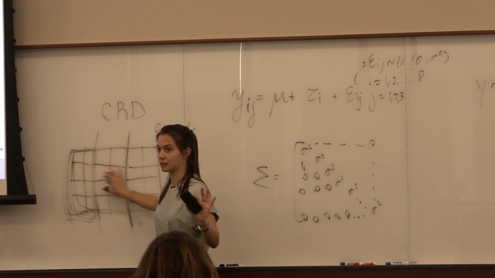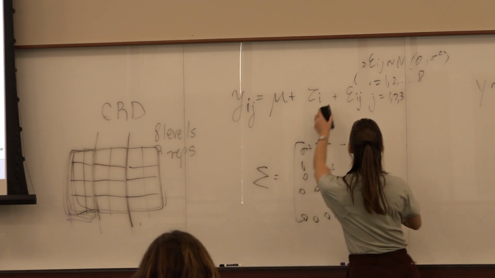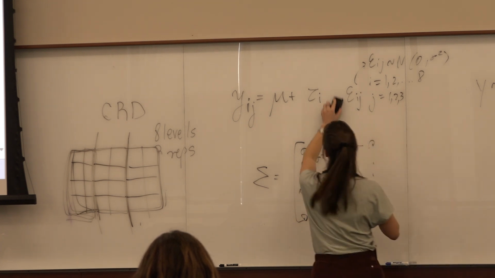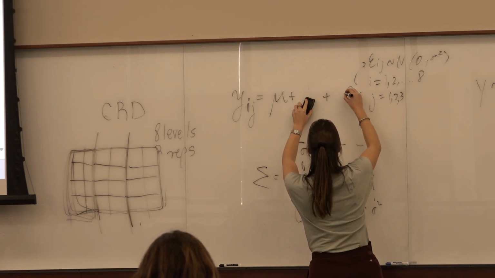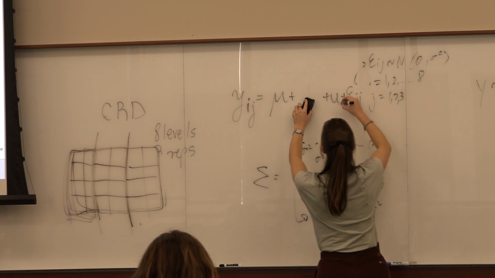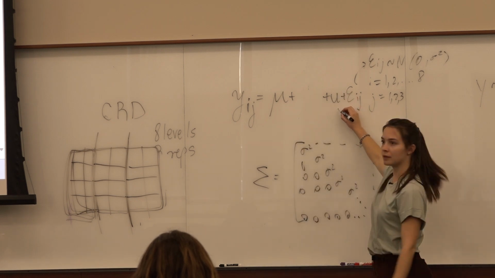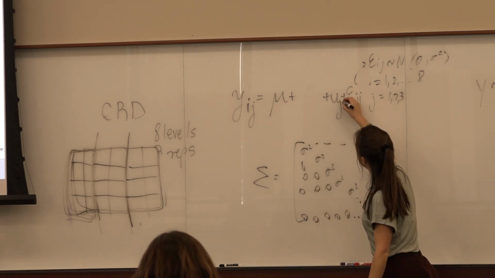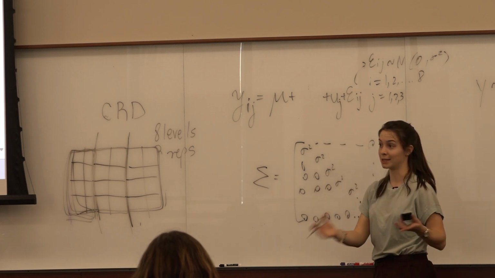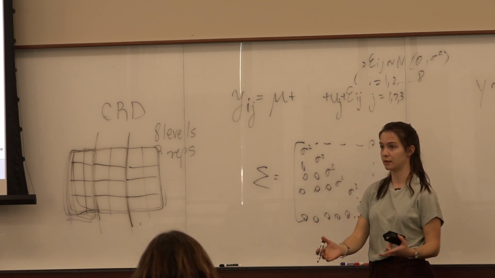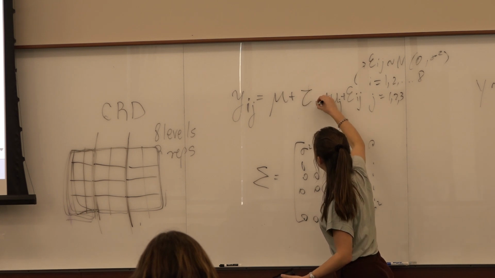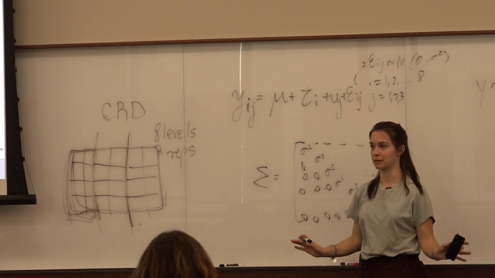But we have these 3 different groups. So in this part, we're going to add a random intercept, okay, for the jth block, which is like the jth rep, right? And still the treatment effect is the same.